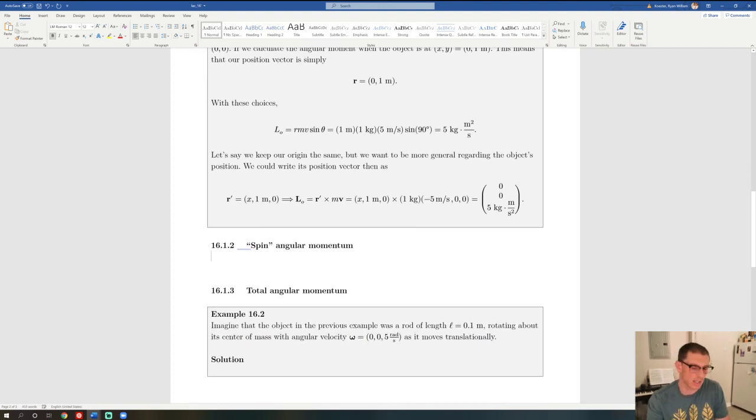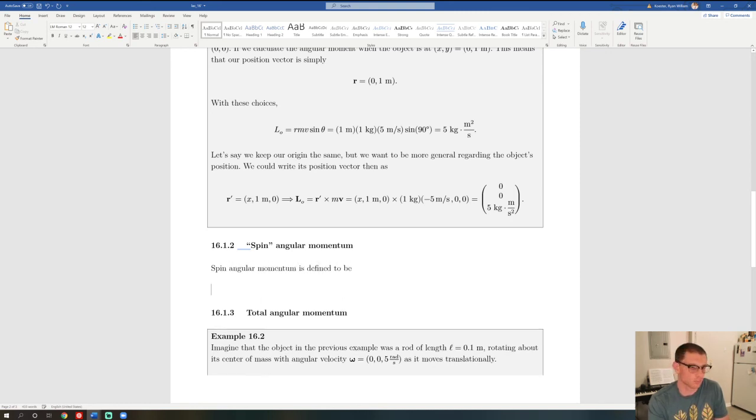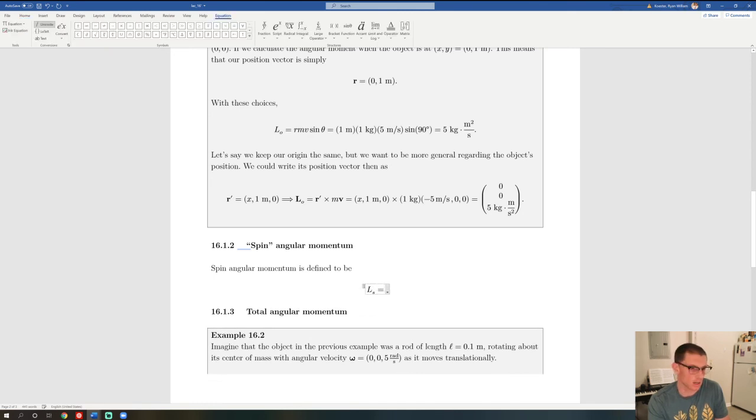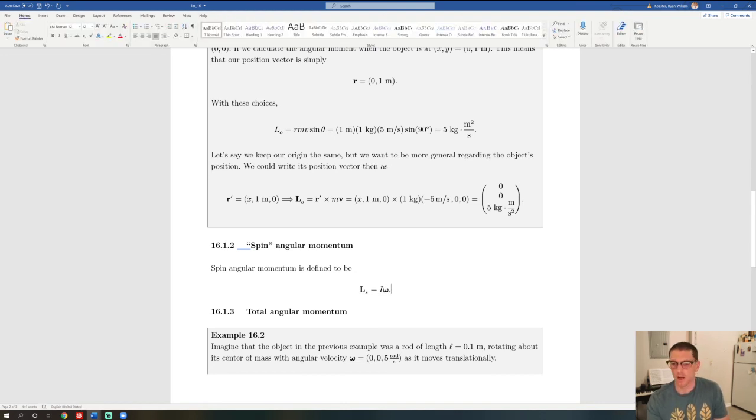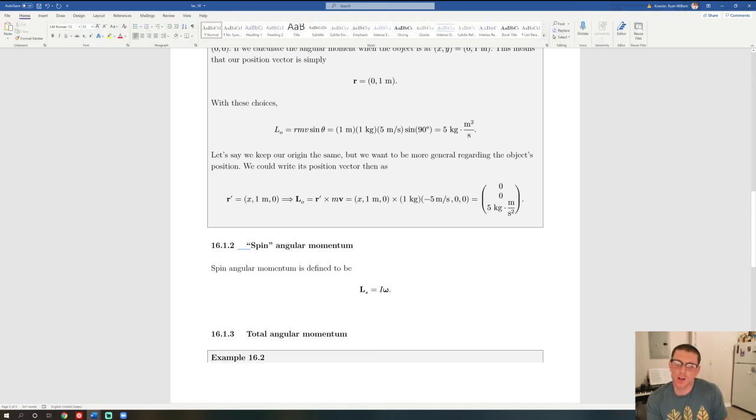And so what I'm going to say is spin angular momentum is defined to be, and I'll write L sub s here, the product of the moment of inertia and the angular velocity vector of the object. And so this is a vector, and you can see that the spin angular momentum vector has to point in the same direction as the angular velocity vector, because the moment of inertia is a scalar.